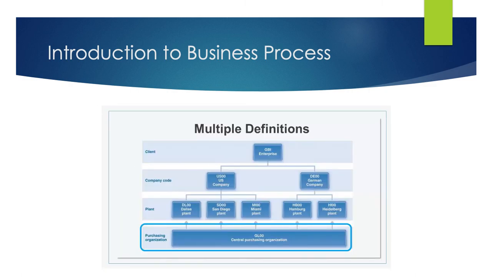So next we take a look at multiple definition. As for the GBI case, we have the three different level. And for vendor master, in this case, we have the same for each plant. In this case, purchasing organization at the bottom there. It technically says that it's same for all plants, either US or Germany.